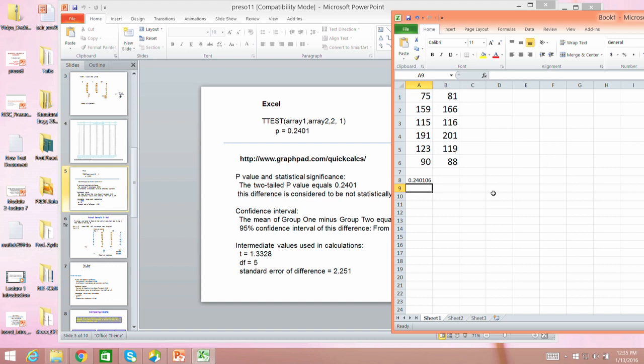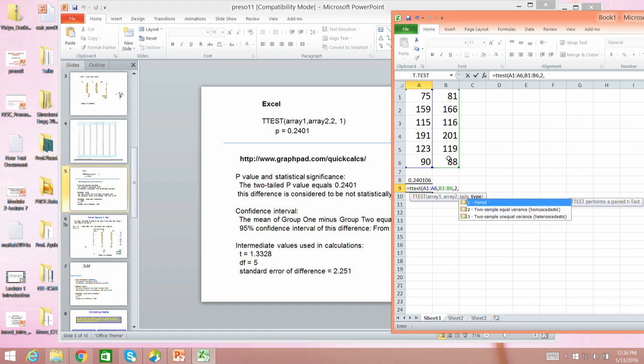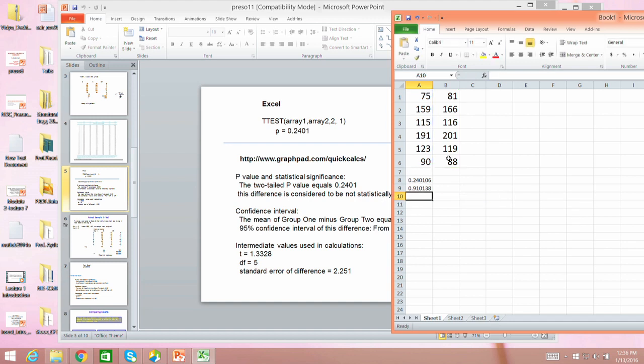We can also do a 2 sample t test. I want you to see what is the result we get, comma, okay, comma, tail is 2, comma, we can say unequal variance 3, okay, p value comes out very large, okay.